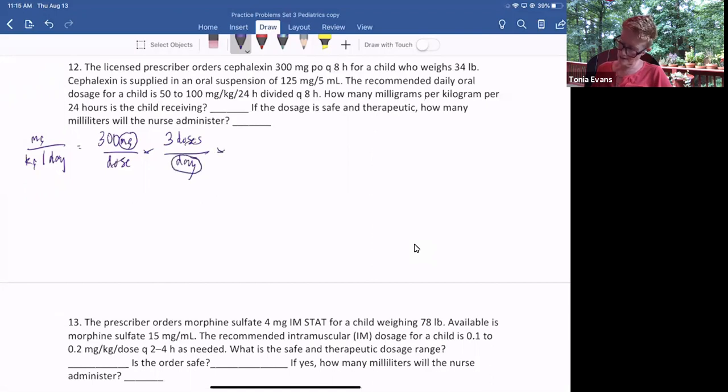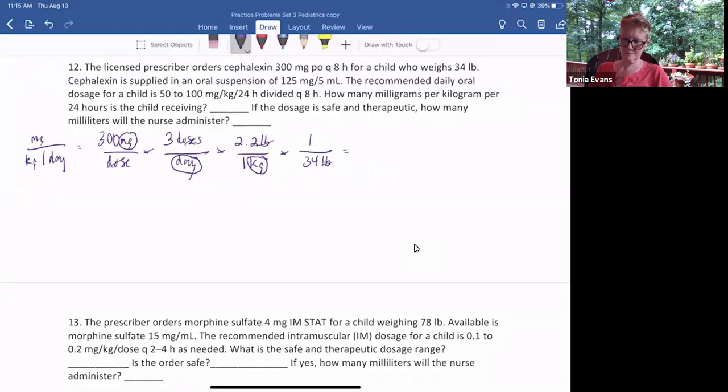I need kilograms in the denominator. My weight's in pounds. I know I'm going to need to convert. And I got pounds hanging out there, so get rid of pounds.